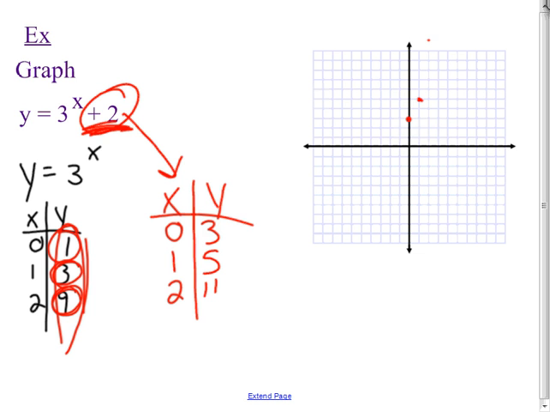Keeping in mind what happened to this graph is all my y values moved up 2. That's truly what happened. All my y values physically moved up 2 spots. Normally in my graphs, there is a horizontal asymptote.